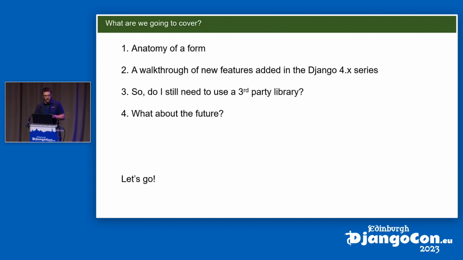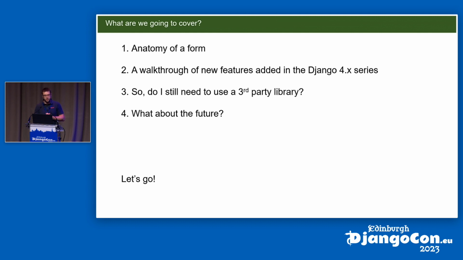So today, what are we going to cover? We'll start by talking about the anatomy of a form, the different parts that make up a Django form, and the different words that Django uses to describe those elements. We'll then take an example form and see how we can ease the form rendering of that using the new features that we added during the Django 4 series.